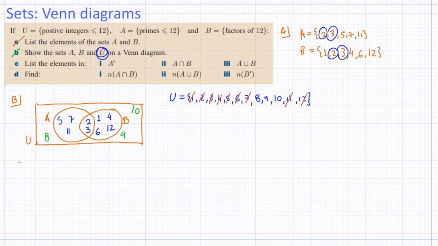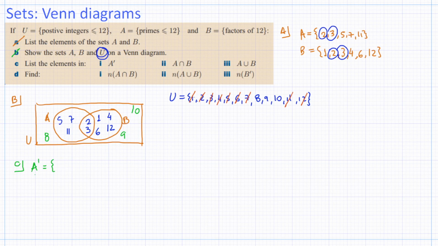Now letter C. List the elements in the complement of A. So A prime is the complement of A. So what am I missing to get the universal set if I consider my set A? Set A is 2, 3, 5, 7, and 11. So I have to look for the elements which are in my universal set but are not here.